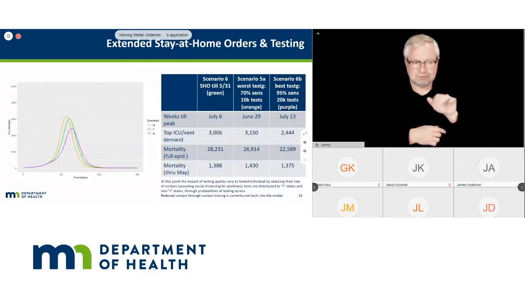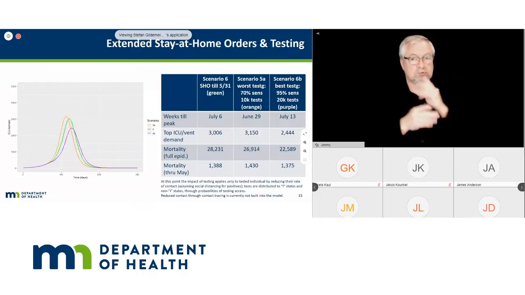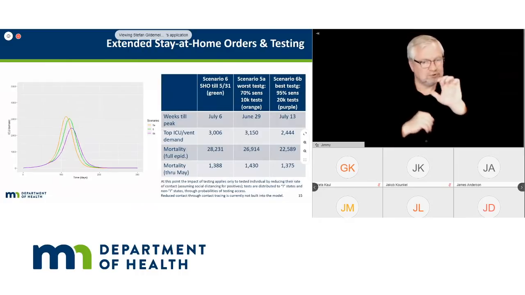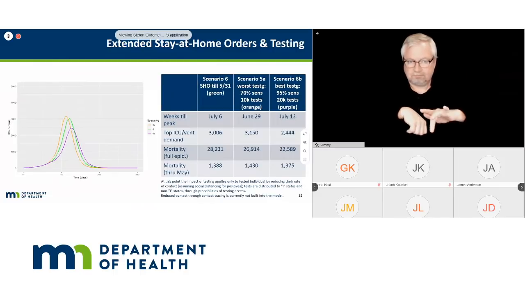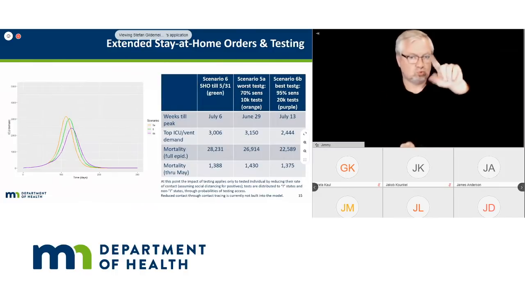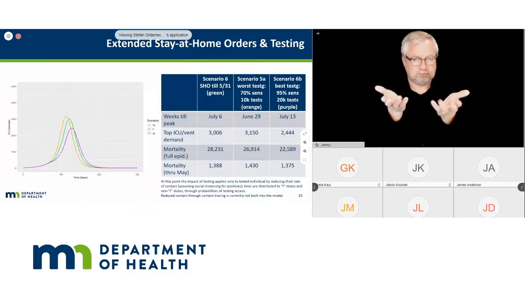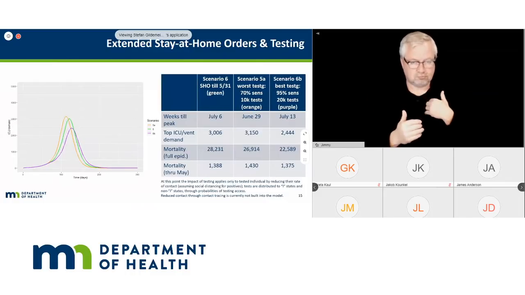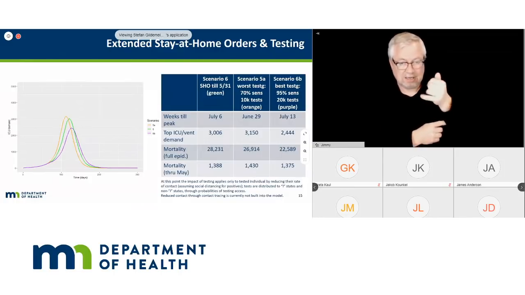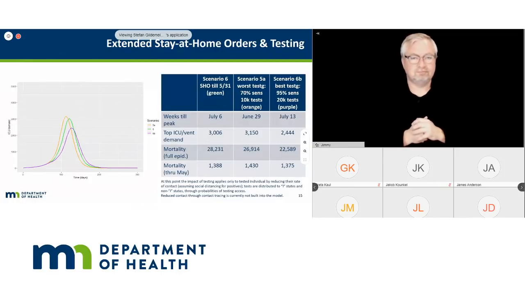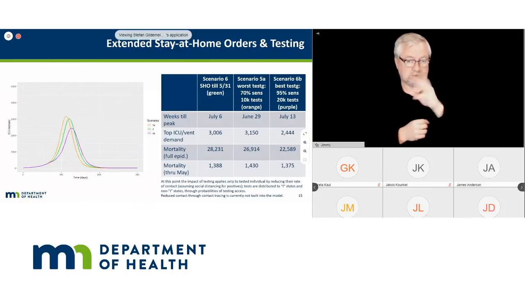In the worst case scenario, we also assume that only 10,000 tests are available, while in the best case scenario, 20,000 tests are available. And to complicate the matter further, we layer these best and worst case scenarios on top of scenario 5, where we assume the stay-at-home order ends on 5/18, and scenario 6, where the stay-at-home order is assumed to end at the end of May.